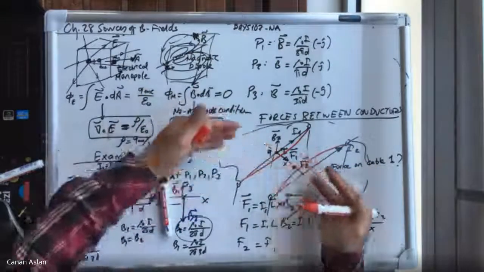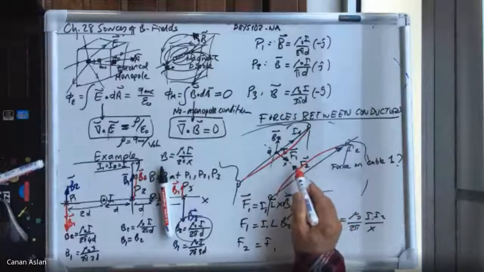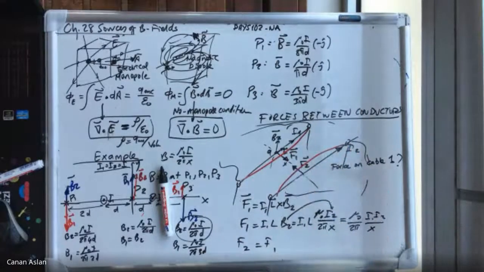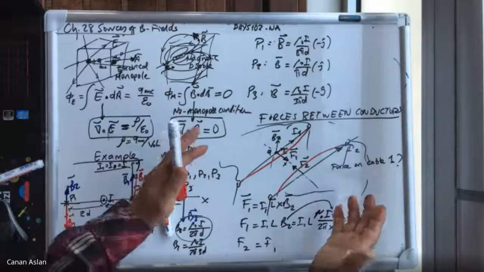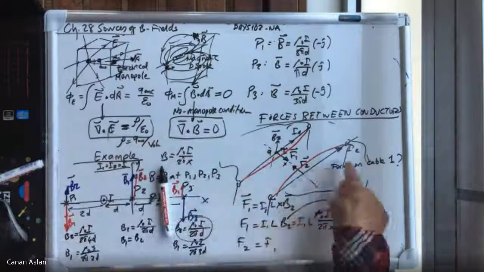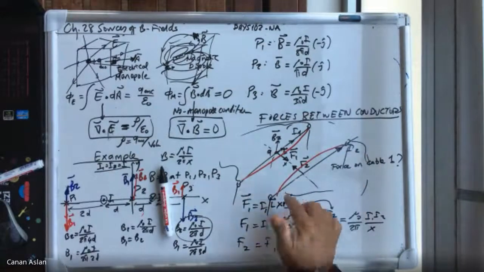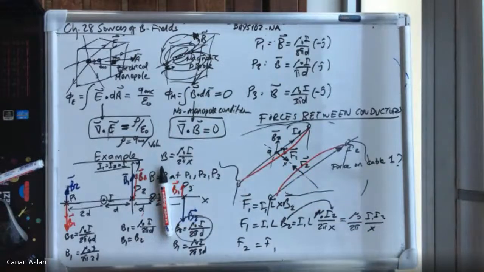They will get closer and closer if both ends are attached to some holes like that. So these cables attract each other if the currents are in the same direction. But if they are in opposite directions, the forces will be directed away from each other.